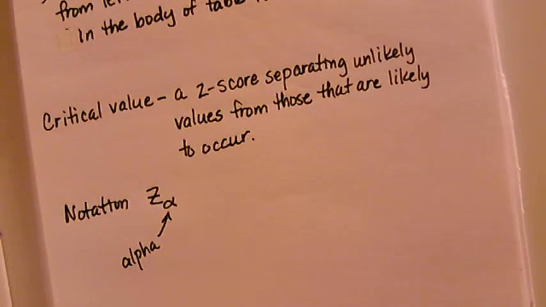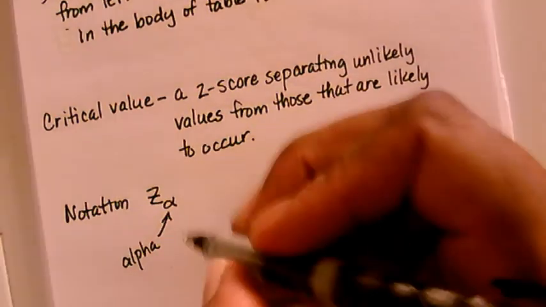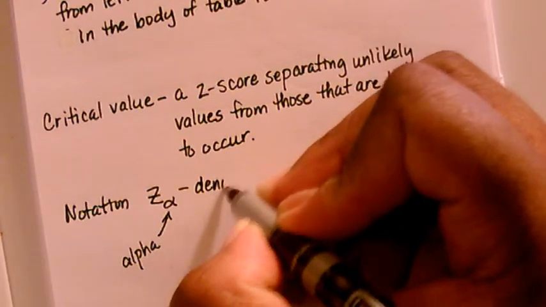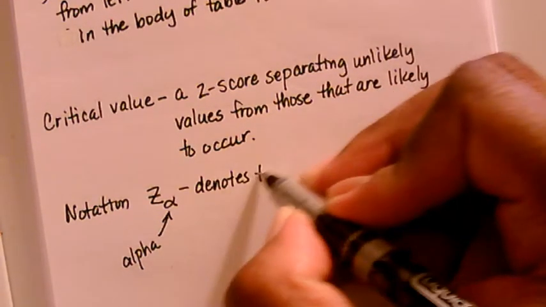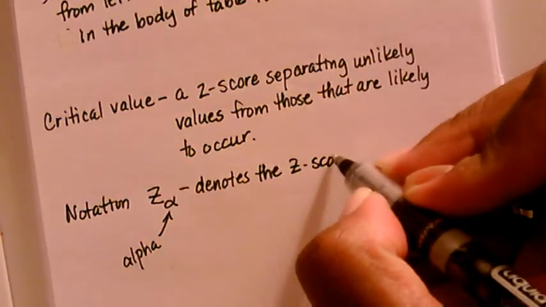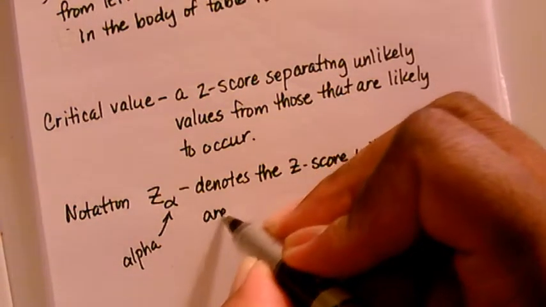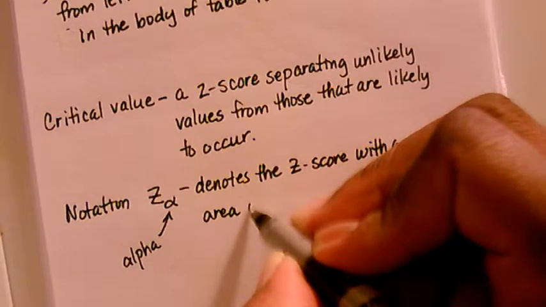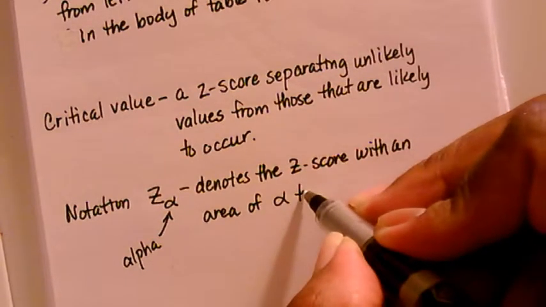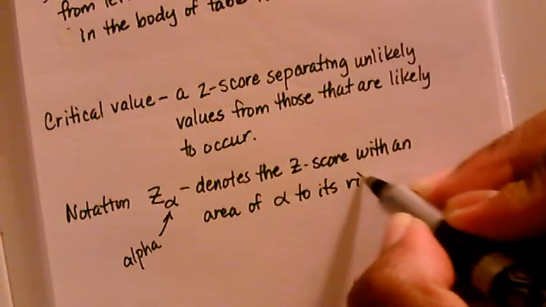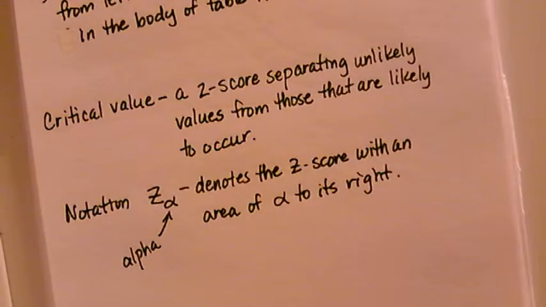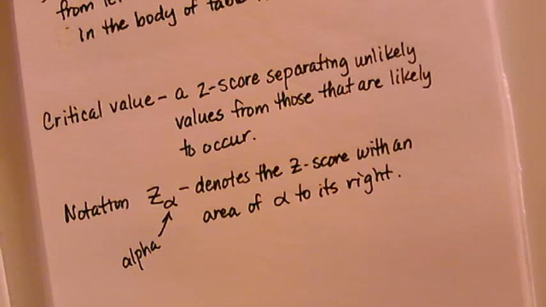So Z sub alpha denotes the z-score with an area of alpha to its right. Okay. Critical value, its notation would be Z sub alpha, and that denotes the z-score with an area of alpha to the right.